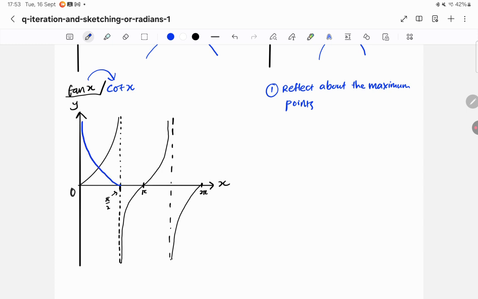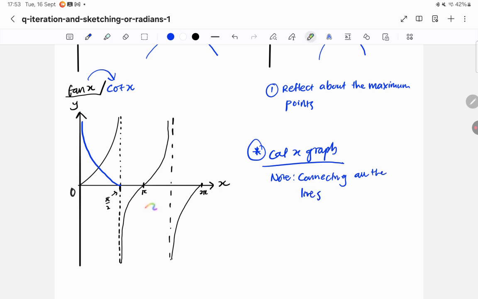Let me just write a note. The note is connecting all the lines. We're going to have this segment, this tail down here, connect with here.